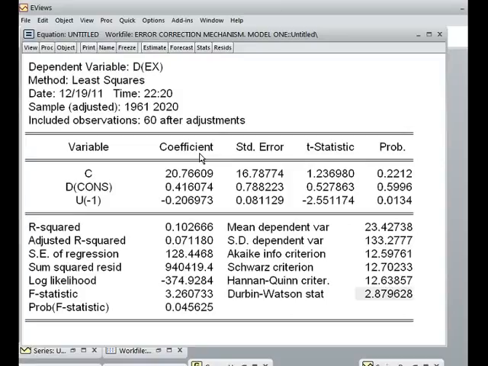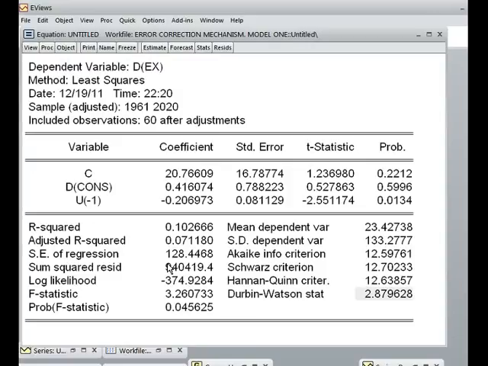Okay, now what do you want to check further? Suppose we want to check whether this error correction model has a serial correlation or not. That you want to check, right? Whether the residuals are serially correlated or not.